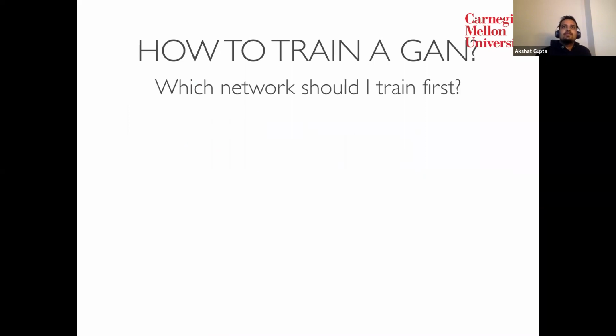And I know we did this on Monday, but let's go through the drill again of how we train a GAN. My aim on Monday was to make the different components in GANs and the training process more intuitive. But on Monday, I was asked a question.